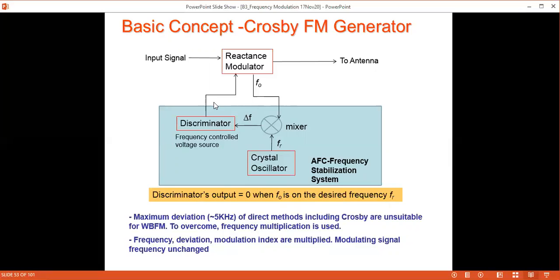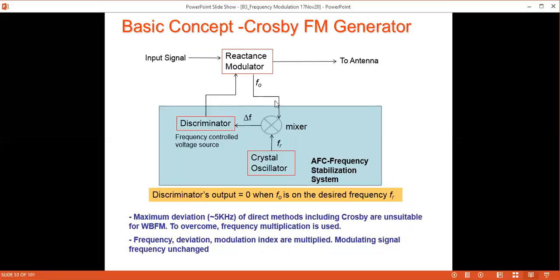So this error voltage will be sent to the reactance modulator, and from the error voltage here, the reactance modulator will also produce frequency accordingly to fix the frequency drift.